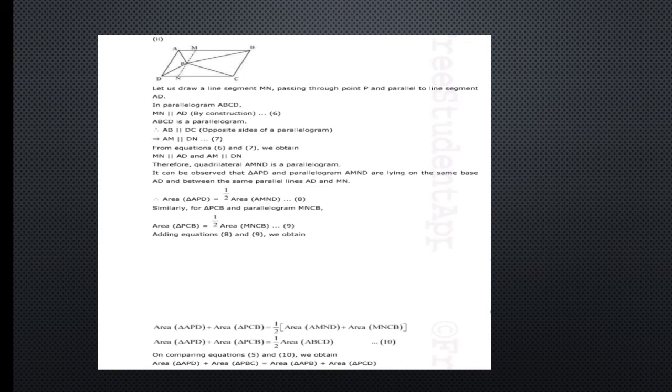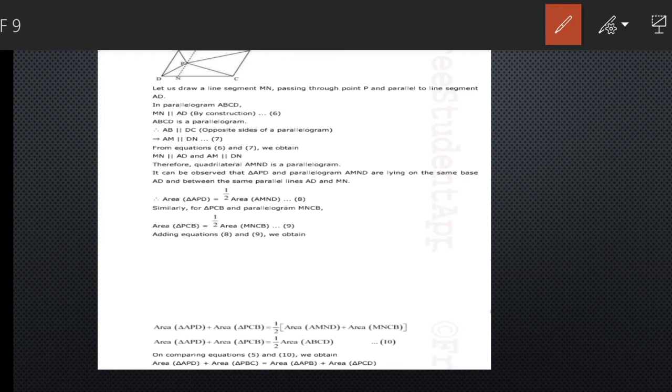Now in this parallelogram ABCD, by construction we are making MN parallel to AD, and since ABCD is a parallelogram, we have AB parallel to DC, so we can say that AM is parallel to DN. So now we have the figure like this, where AMND is a parallelogram, and in this parallelogram we have a triangle APD.